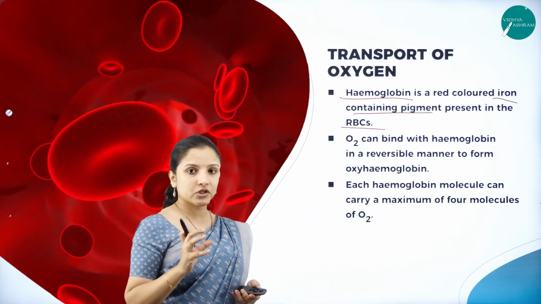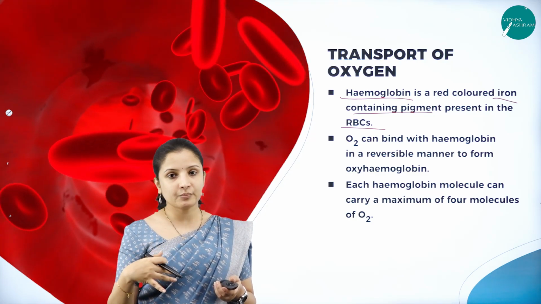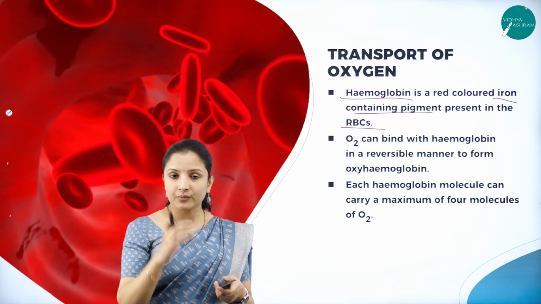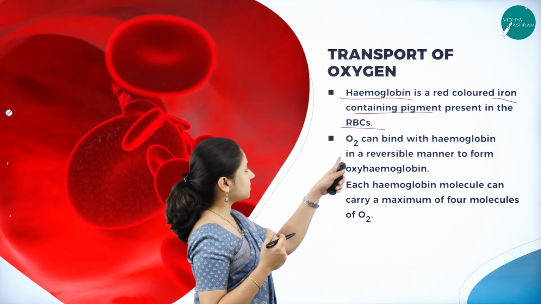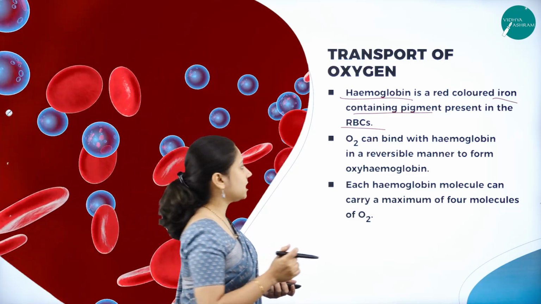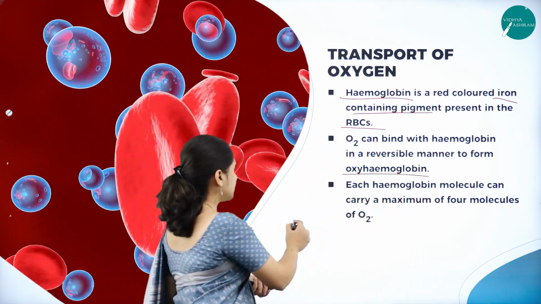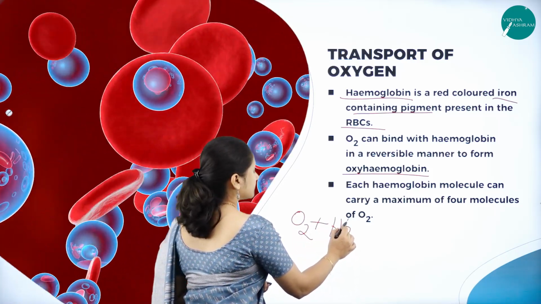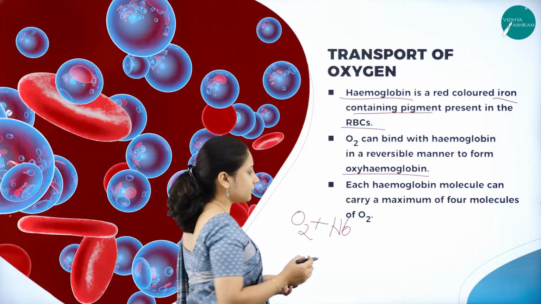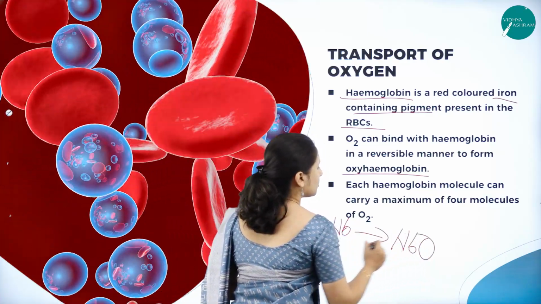So this oxygen that we inhale will end up in the alveoli of our lungs. From the alveoli, it has to be carried by the blood. So here, oxygen binds with hemoglobin to form oxyhemoglobin. Oxygen combines with hemoglobin, I'll write it as Hb, Hb is hemoglobin, to form oxyhemoglobin.